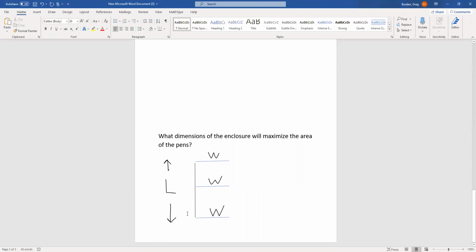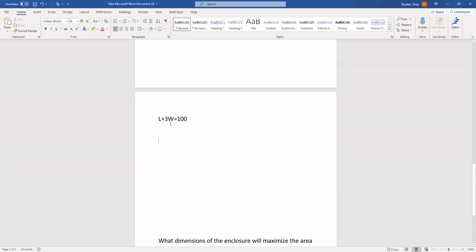Now the area, if we neglect the little bit of space taken up by this fence here, the total area of the enclosure would simply be L times W. And we're trying to maximize that area. We start with this L plus 3W equals 100, which shows the relationship between the two variables. We don't have the area yet.